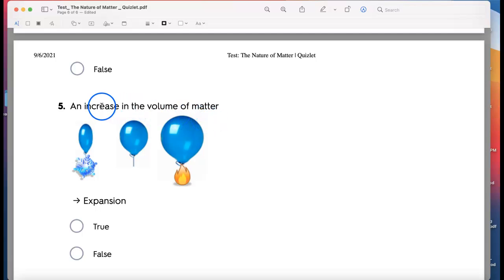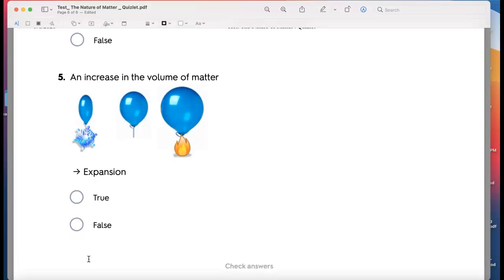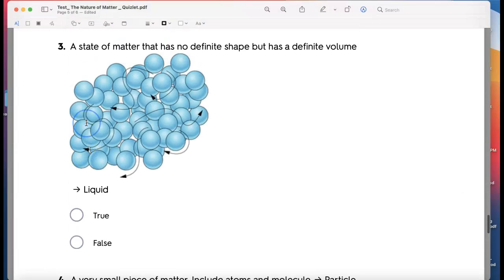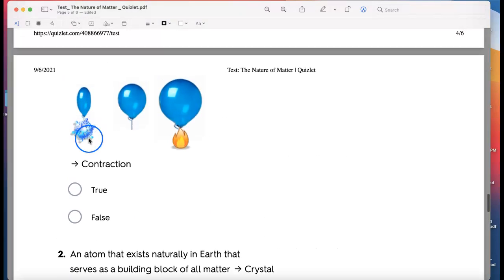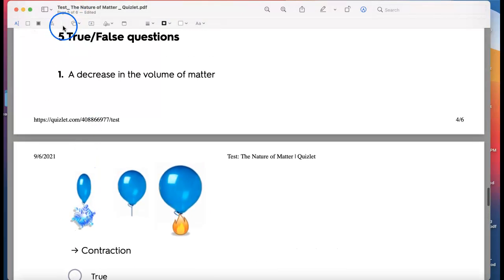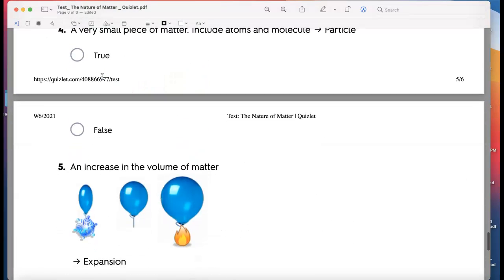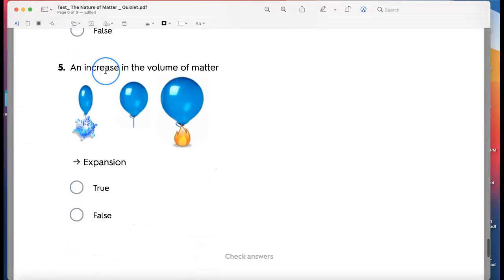An increase. Is that known as expansion? Your options are true or false. You will notice that this is the same picture from the first one, back up here. However, it's asking you something different. Number 1 asks you about a decrease, and number 5 asks you about an increase.